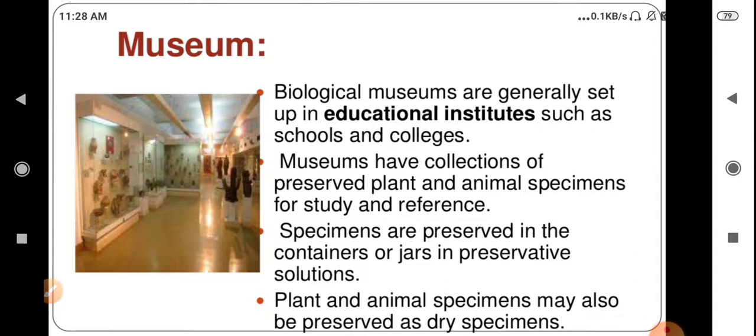Plant and animal specimens may also be preserved as dry specimens. Insects are preserved in insect boxes after collecting, killing and pinning. Larger animals like birds and mammals are usually preserved by preserving their skin and stuffing some material inside. Museums also have collections of skeletons of animals. So museum also serves as a taxonomical aid.